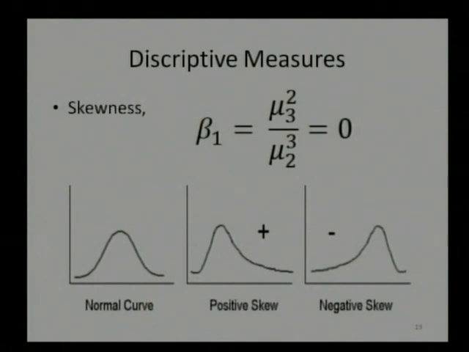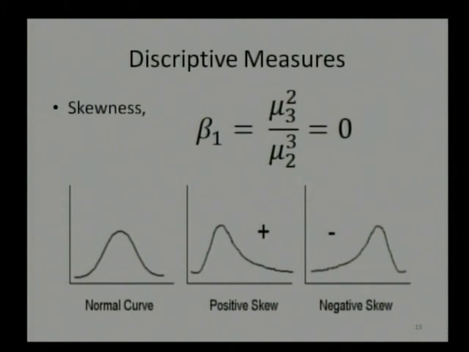Now if your skewness beta 1 is greater than 0, you might have positive skewed data. Positive skewed data means your extreme right tail will be quite longer than the left tail of your curve. In that case, most of the data will be concentrated on the left part of your curve.